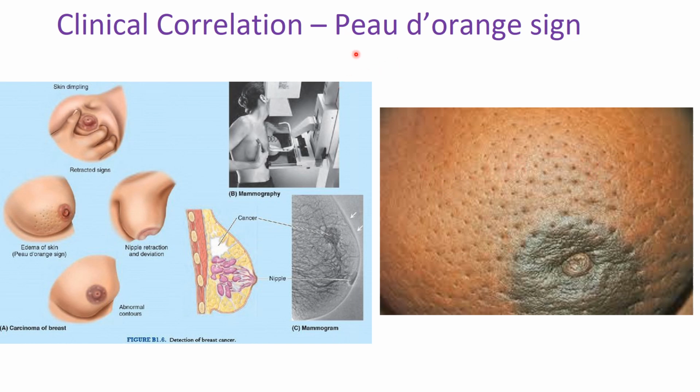So this is the peau d'orange sign, and it is caused by the suspensory ligaments contracting. And remember, those suspensory ligaments are helping to support the breast tissue, and therefore it can cause the skin to look almost like an orange peel, which is where it gets its name. And this is an indication of a possible breast carcinoma.